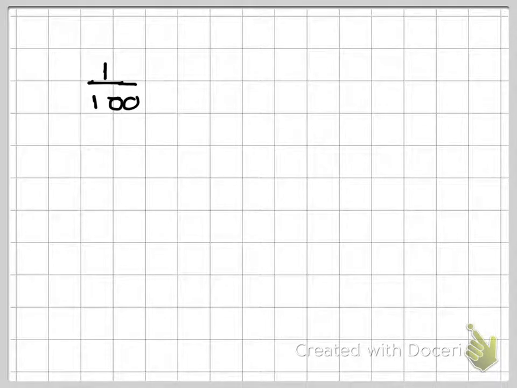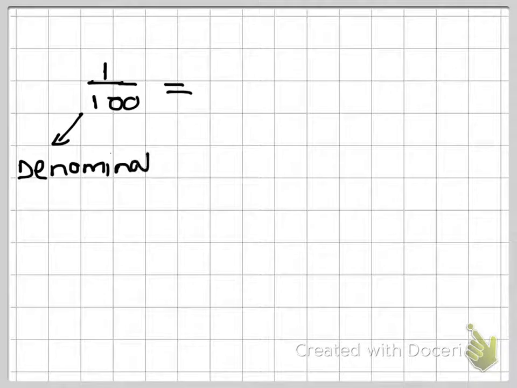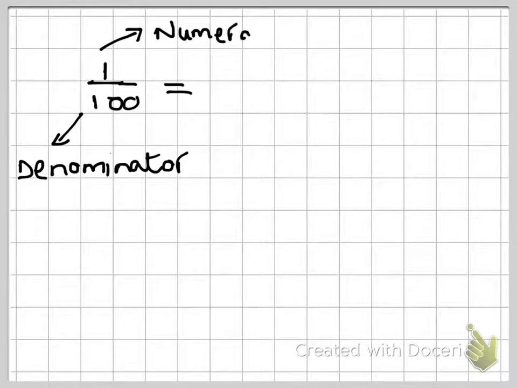Now guys, to write that as a decimal, very important, we need to look at the denominator. Remember that is the number at the bottom of a fraction. Then we also have the numerator, which is on top.